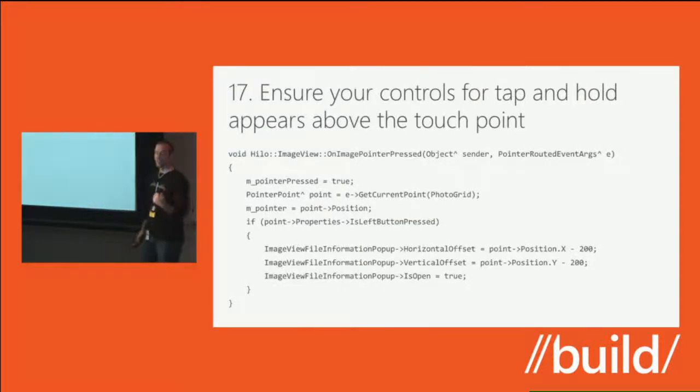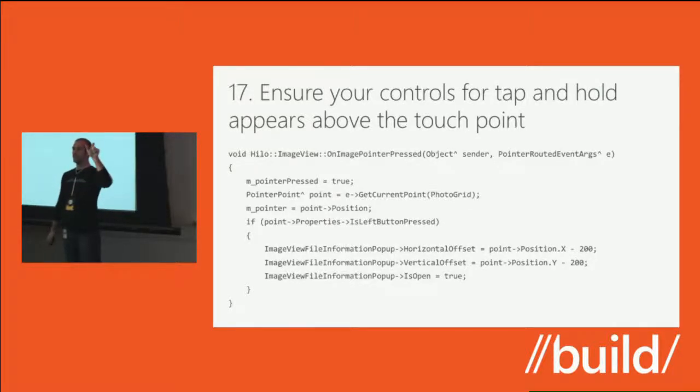But one of the other things we noticed is that when you do touch points, for example, if you want to show a little tooltip above the mouse or above things, make sure it's above your hand. Until we got those touch screens, we had the mouse down and a little tooltip that showed you a small picture of the picture and information about it, like its file size and anything we could get out of the file system about the picture.